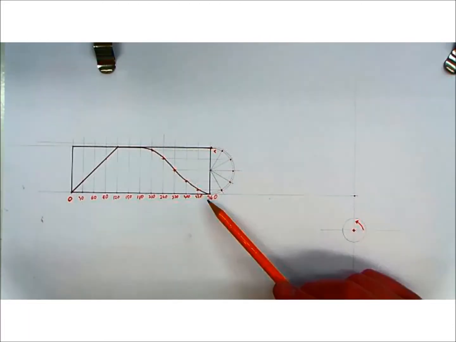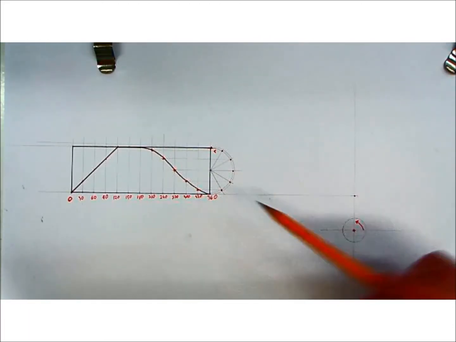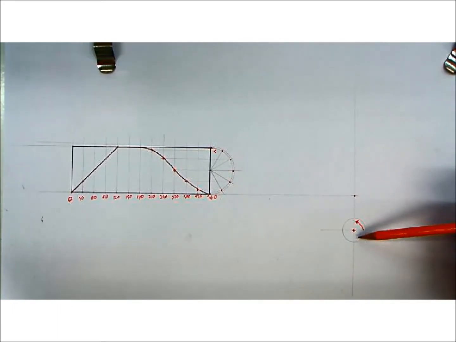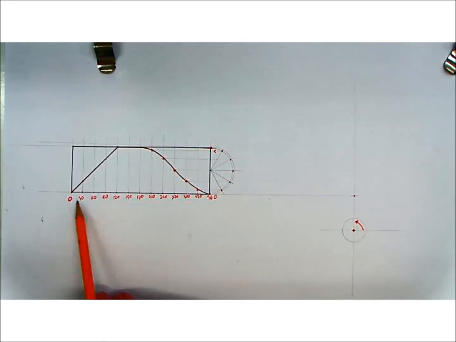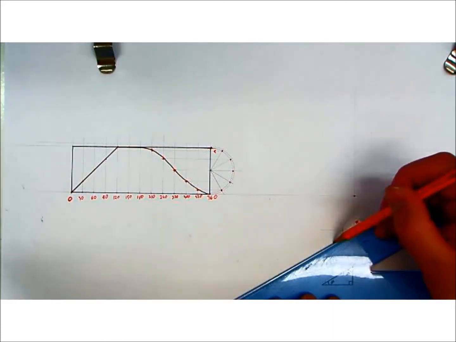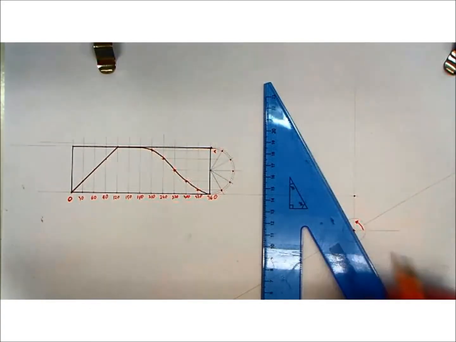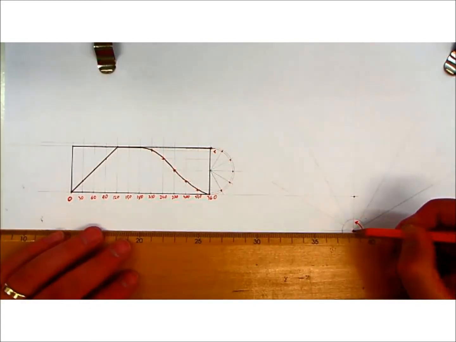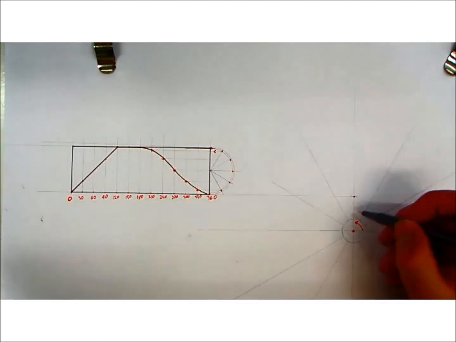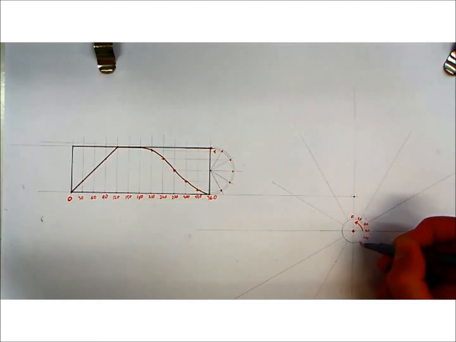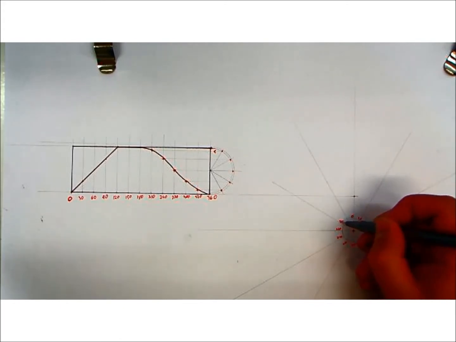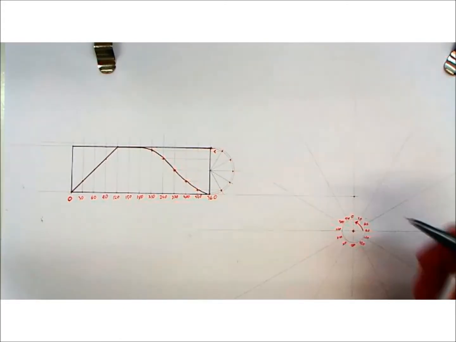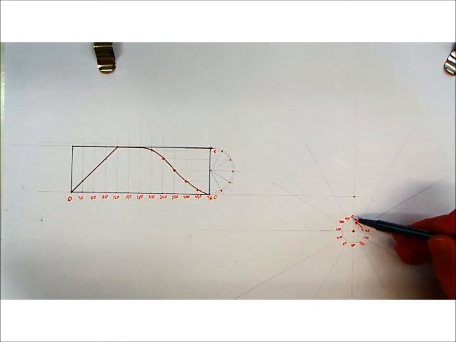Now once you have the displacement diagram done, it's only a matter of translating those heights over to the cam. So we divided up 30, 60, we got 12 segments, now we need to do the same over here on our cam. And by labeling it, you can see exactly what height corresponds to which line.